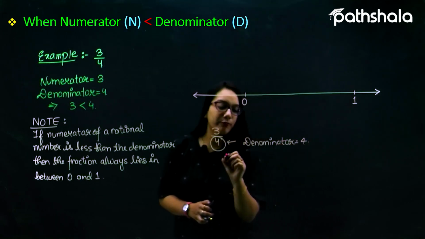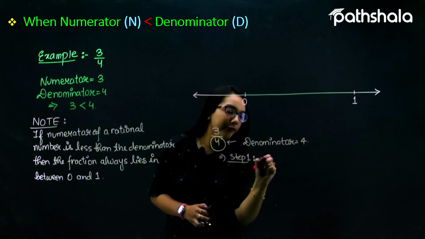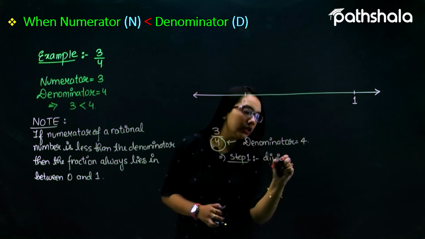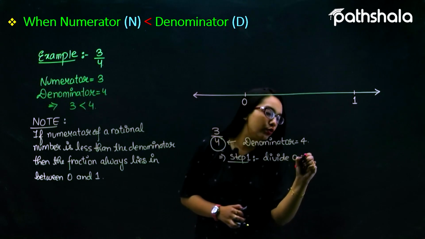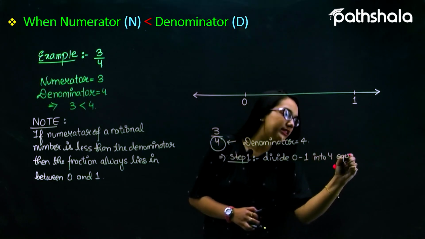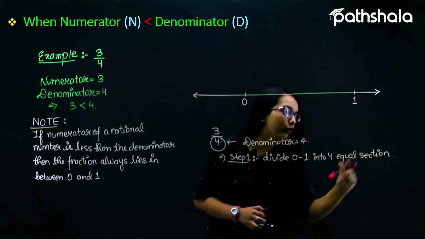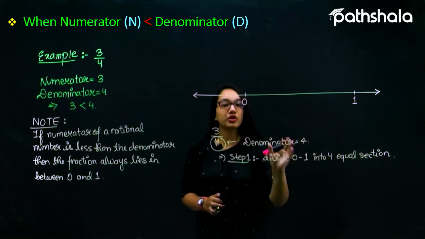Now, step number 1: we have to divide 0 to 1 into 4 equal sections. In order to plot 3 by 4, you have to follow all these steps which I am writing over here.